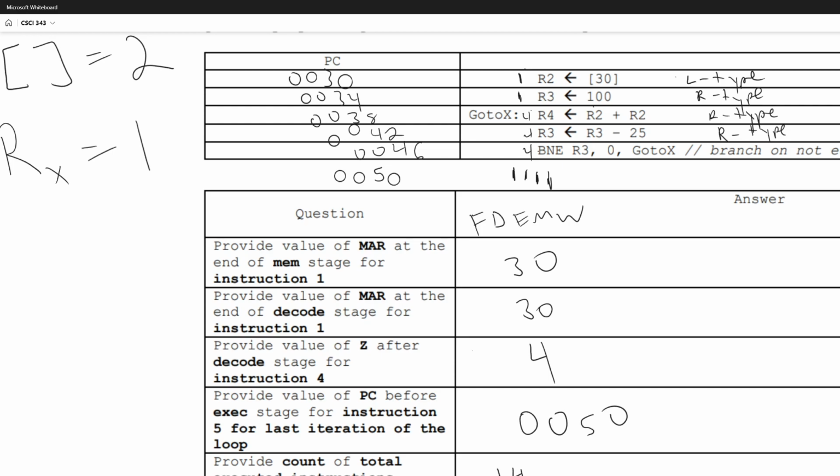Well, the MDR was last touched at the first line of code because we didn't go to main memory for this line of code. So it should still be 2, I think, because we brought 2 for when we loaded that. Is that right?